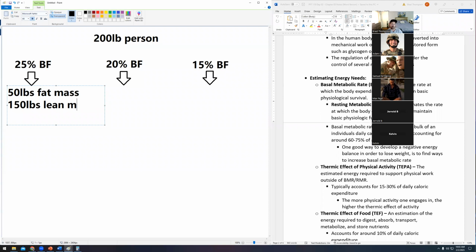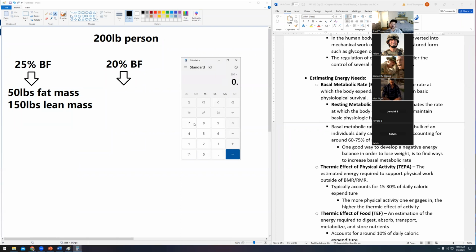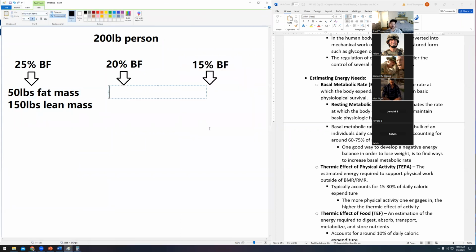In this scenario here, that is 200 times 0.2. That's 40 pounds fat mass and 160 pounds lean body mass.